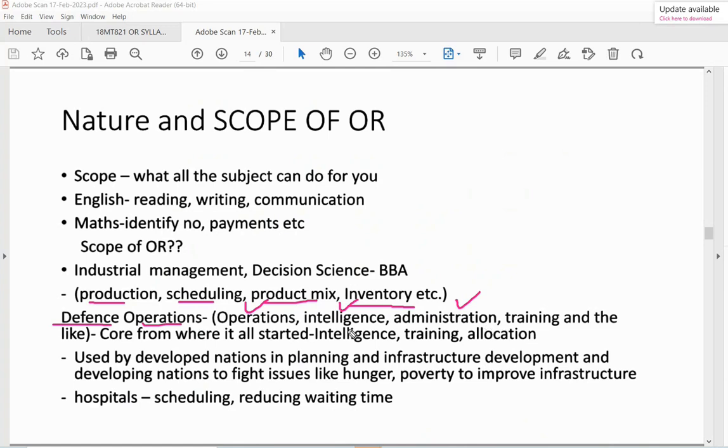Then whatever operation research technical tools or methods are to be used by the human resource, they are to be trained properly. Because when you are going to start, there should be intelligence, then training and proper allocation. For that reason, defense operations are needed.